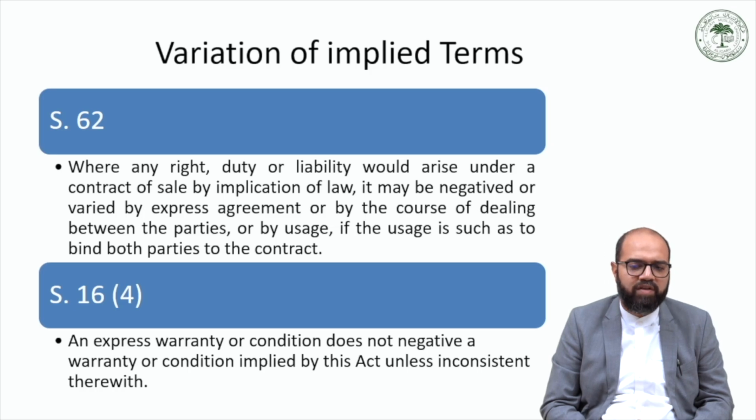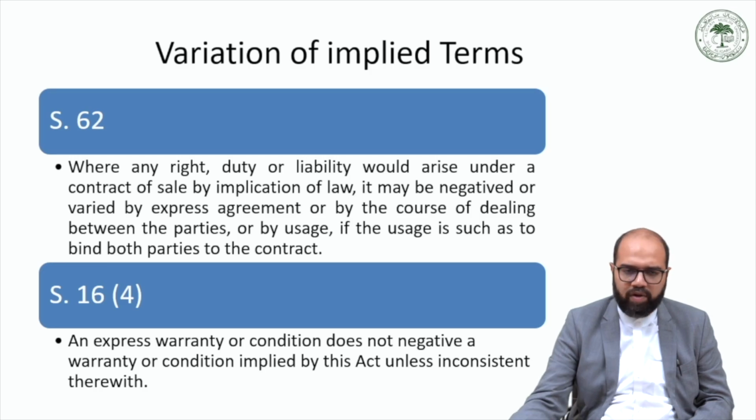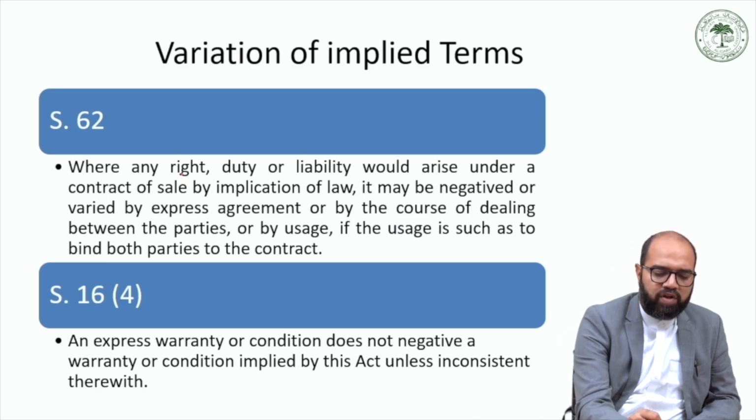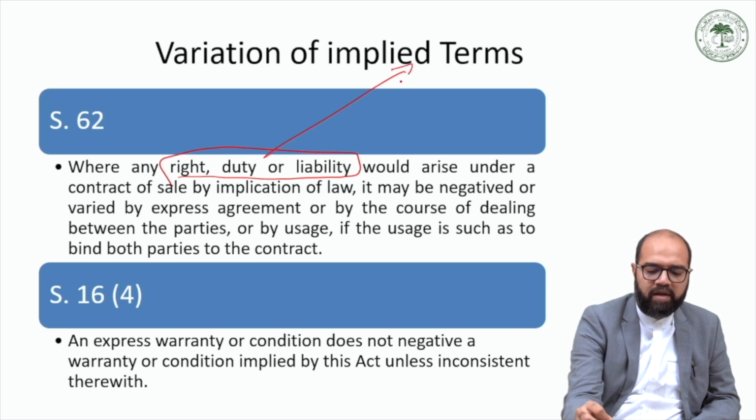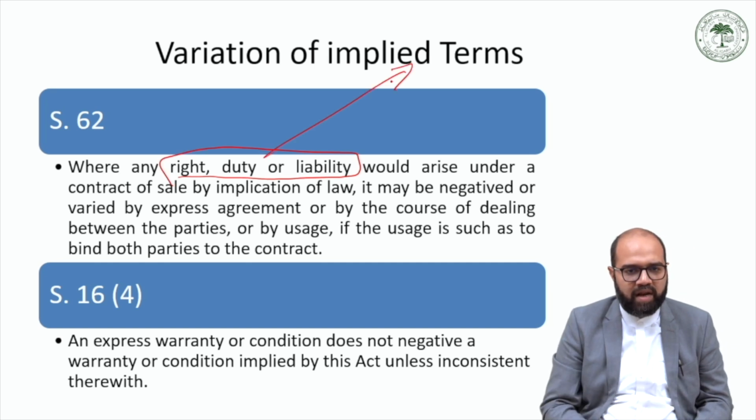So the general rule is that implied conditions and warranties apply to all contracts. However, any right, duty or liability arising in any of the implied terms can be negatived by the parties.